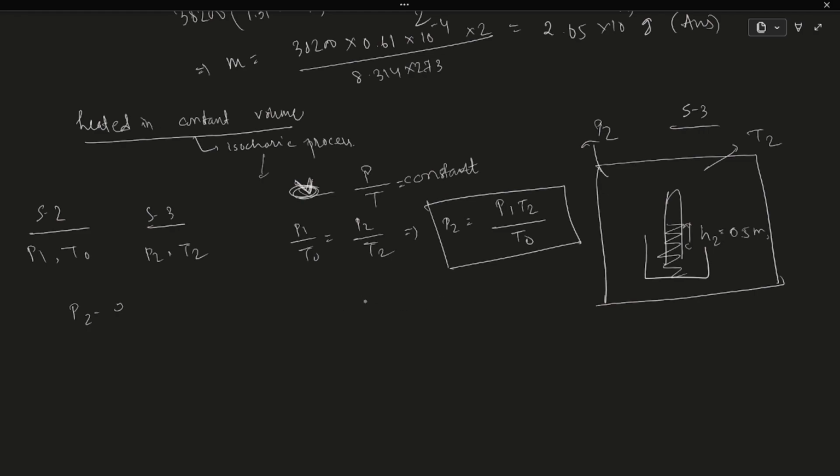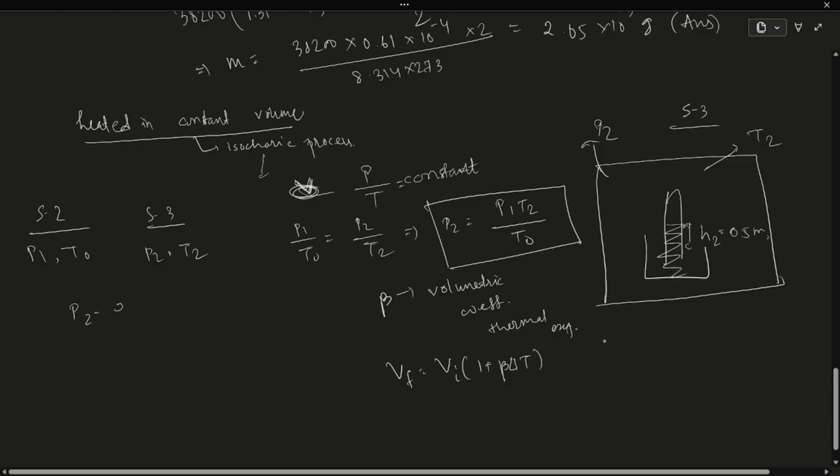How can you see that? We know, let beta be the volumetric coefficient of thermal expansion. So volume final will be volume initial times (1 plus beta delta T).